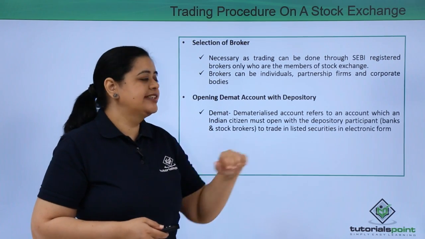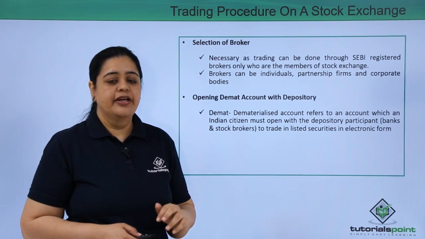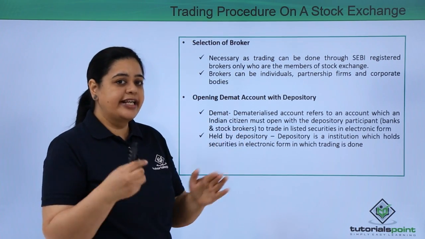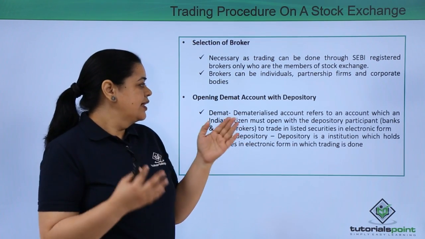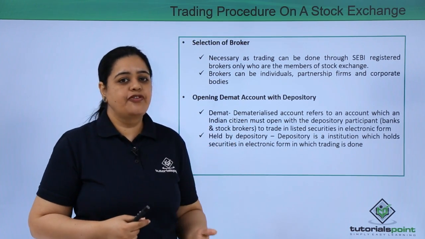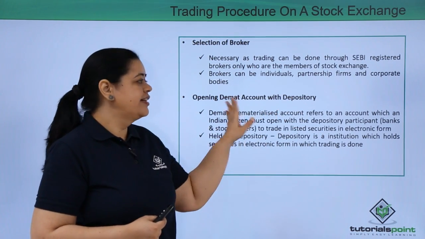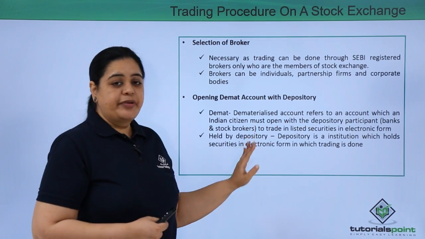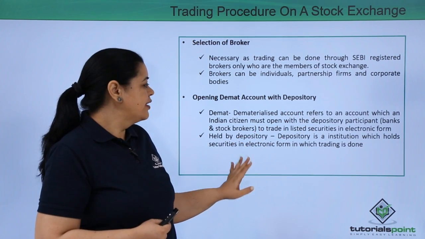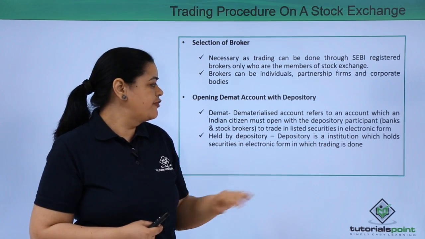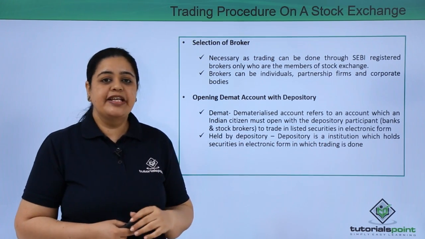When I have a demat account, as an Indian citizen I can trade in listed securities in electronic form only after opening it, otherwise I am not allowed to do so. The DP is an institution which holds the securities in electronic form in which the trading is being done.